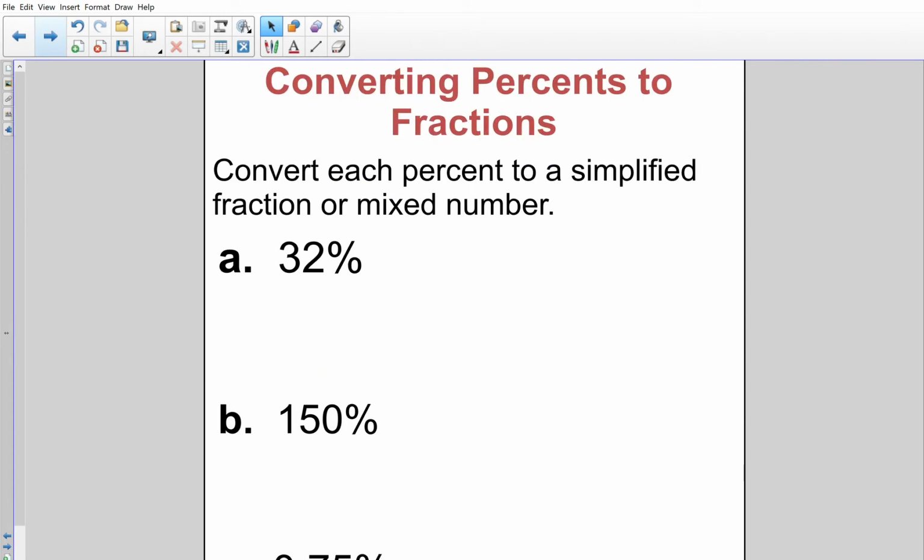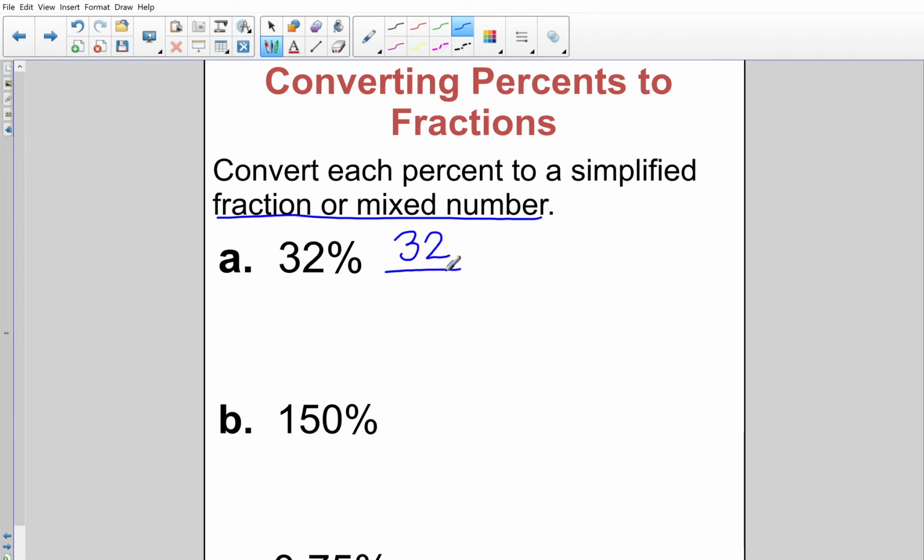Okay, so for the first example, we're going to convert percents to fractions. Basically, I'm going to divide, because I'm leaving percents, I'm going to divide by 100 and drop the percent sign. So I want to keep these as a fraction or mixed number. So I don't want to just divide 32 by 100. I want to do it like a fraction.